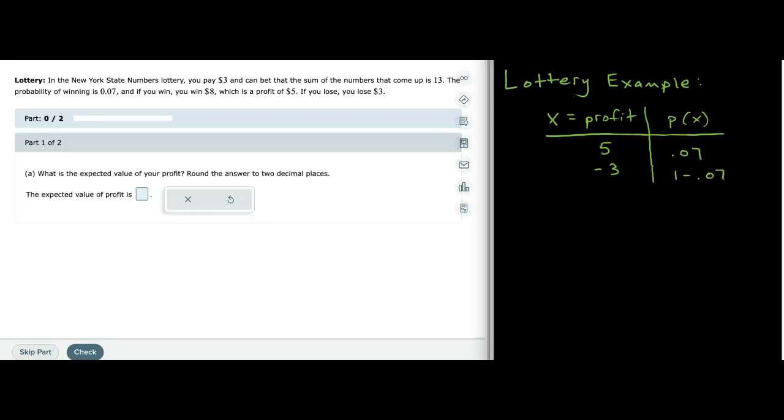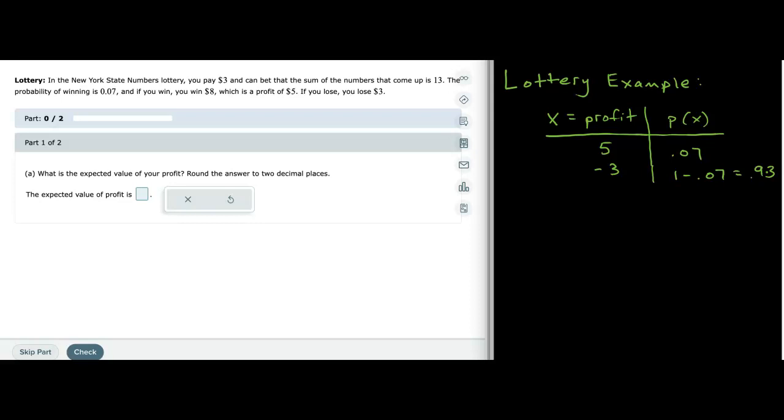And 1 minus 0.07 is equal to 0.93. So you have a 93% chance of losing $3 and a 7% chance of winning, of getting a net profit of 5. So this is the probability distribution for our discrete random variable.